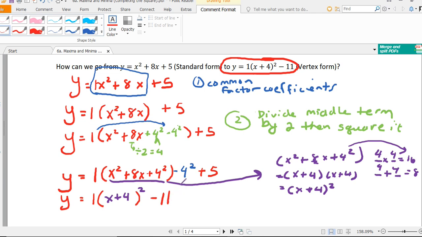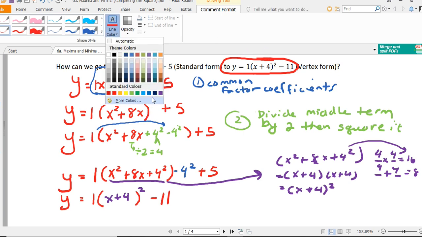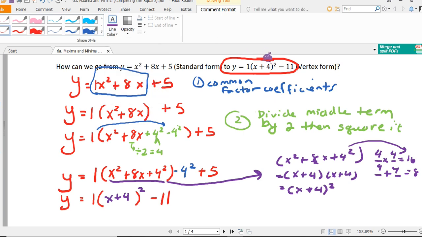So the whole idea behind this is this. If you look at the standard form and the vertex form, you realize there's this little bit in here, which tells us what the x value of our vertex is. So I want to somehow get from here to here. But what I realize is x plus 4 squared just means x plus 4 times x plus 4.